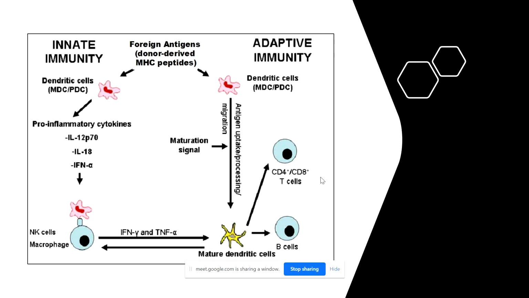The innate system, comprising anatomical barriers like skin, phagocytic cells like macrophages, and soluble compounds such as complements and interferons, provides an efficient initial defense against foreign antigens such as donor antigen in solid organ transplantation or in case of stem cell transplantation.